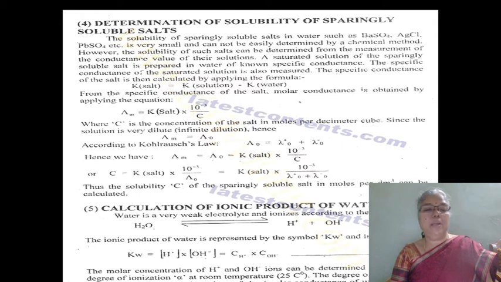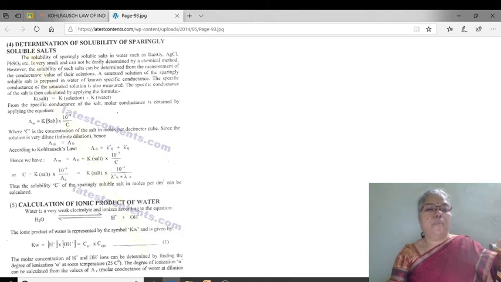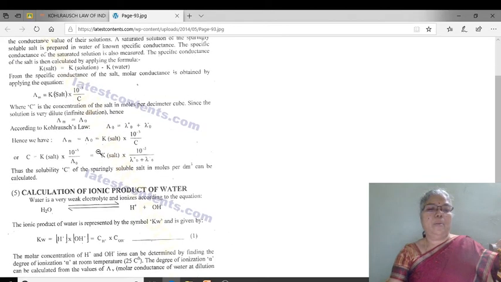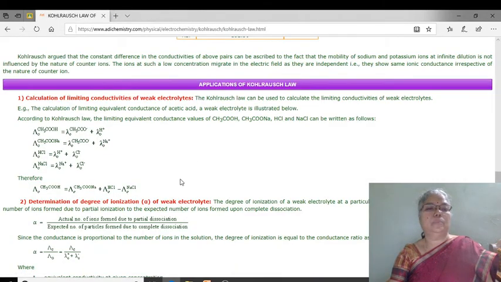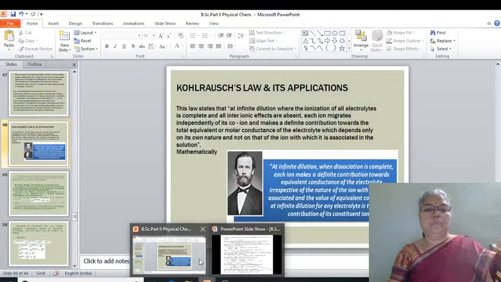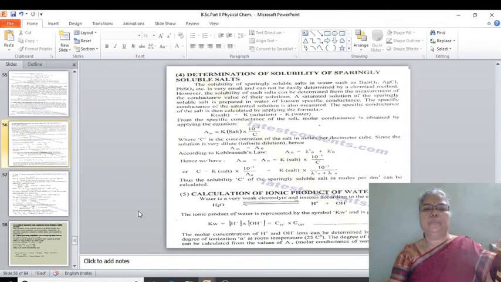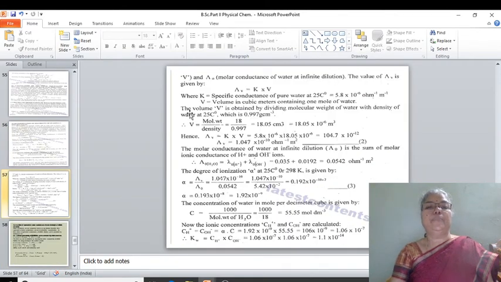The degree of ionization alpha can be calculated from the values of lambda m, the molar conductance of water at infinite dilution, and the molar conductance at any given dilution.